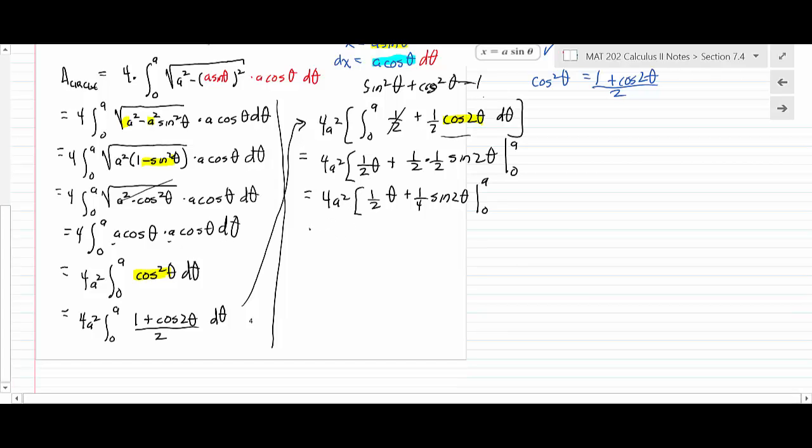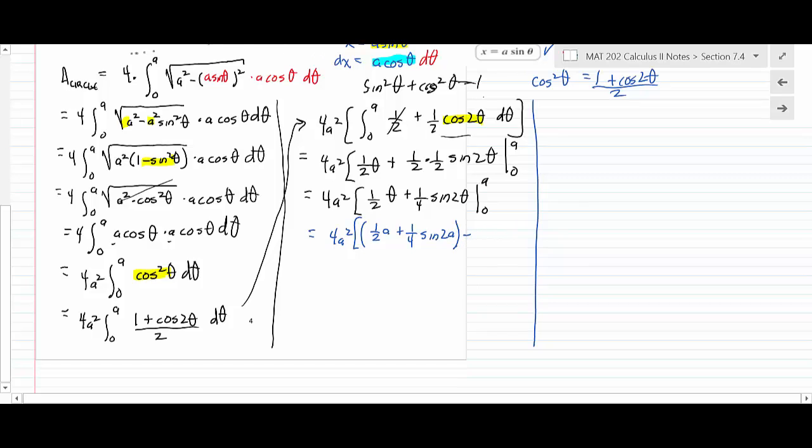Now the rest of the problem, I'm going to focus on the evaluation of the integral. So the fundamental theorem. We have 4a squared. Then I'm replacing all the thetas with a, so I'll have 1/2 a plus 1/4 sine of 2a.